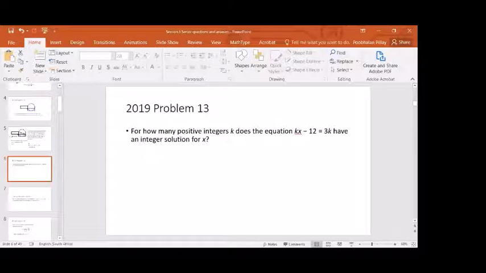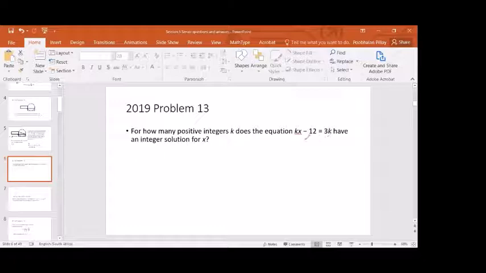What does it mean? It means you want k and x to be integers. It could be positive or negative integers. Right, so which integers will make this equation true? You can try some values for k and x and so on, right? And try to see what works.